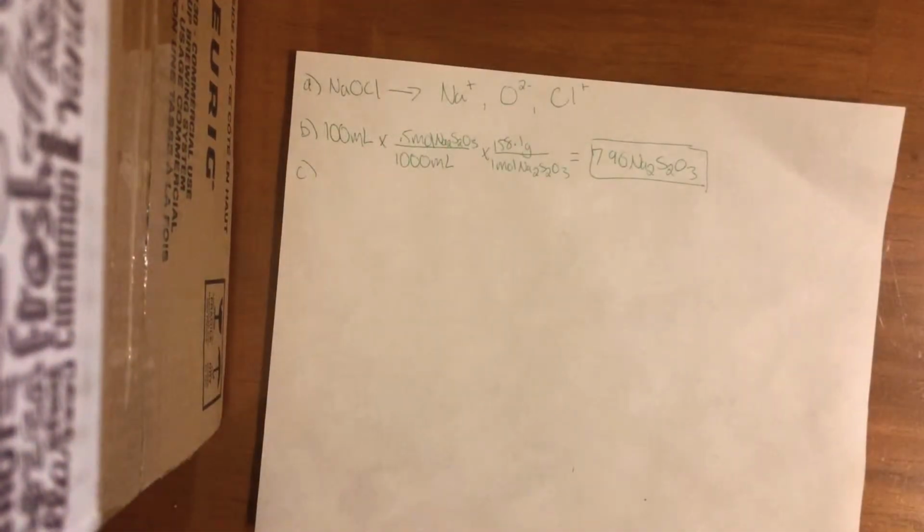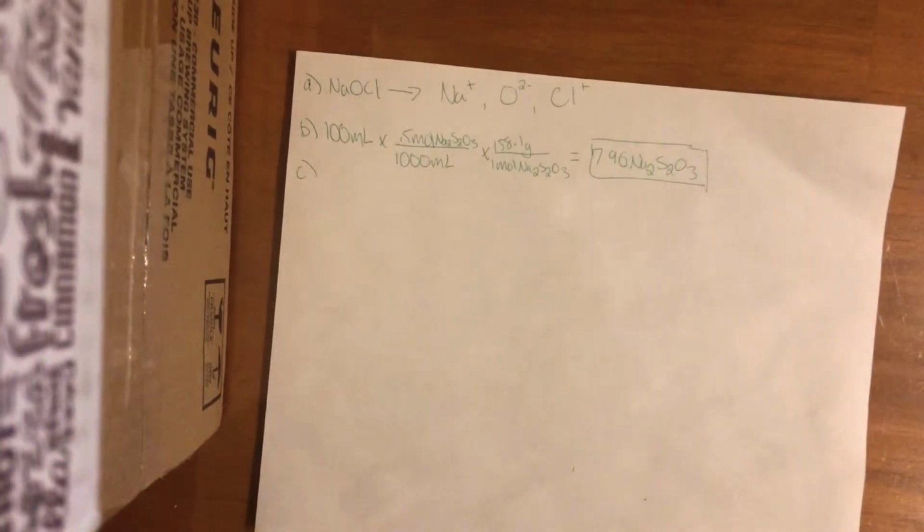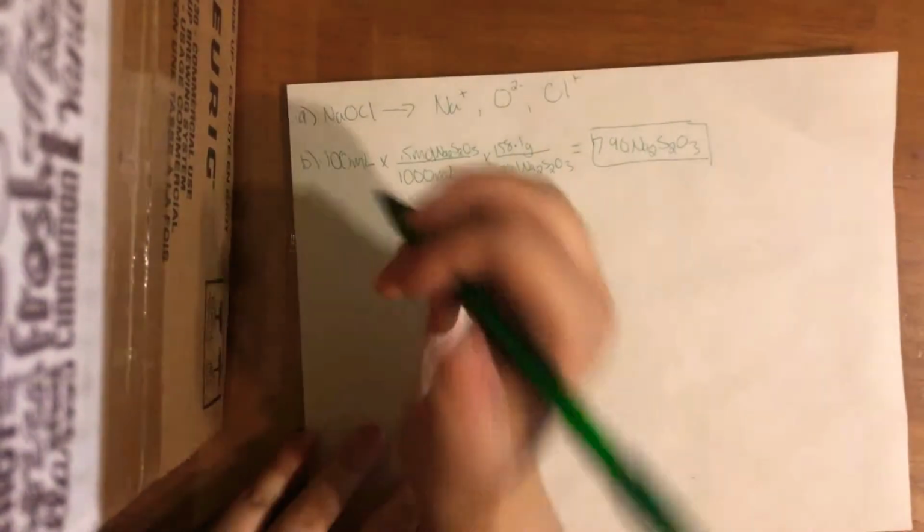So for part C, they want you to find the limiting reactant of the three things they gave you in terms of H2O. So I'm going to start with Na2S2O3.